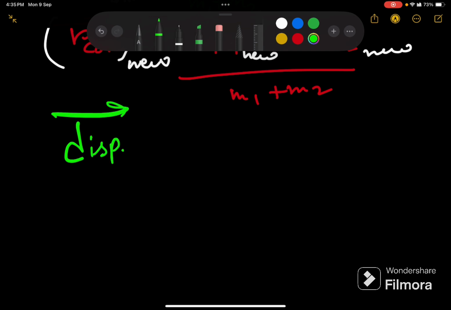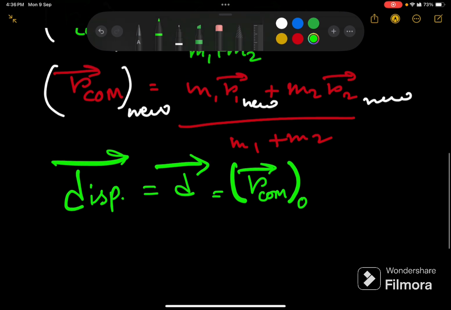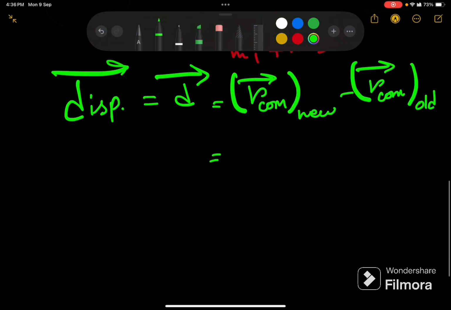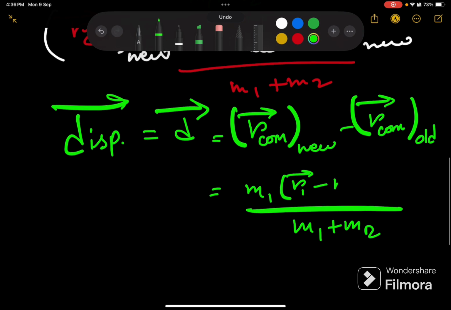So d is the displacement vector, equals r vector of center of mass new minus r vector of center of mass old, equals, taking LCM m1 plus m2, m1 times r1 new minus r1 old, plus m2 times r2 new minus r1 old, it will be r2 new minus old.